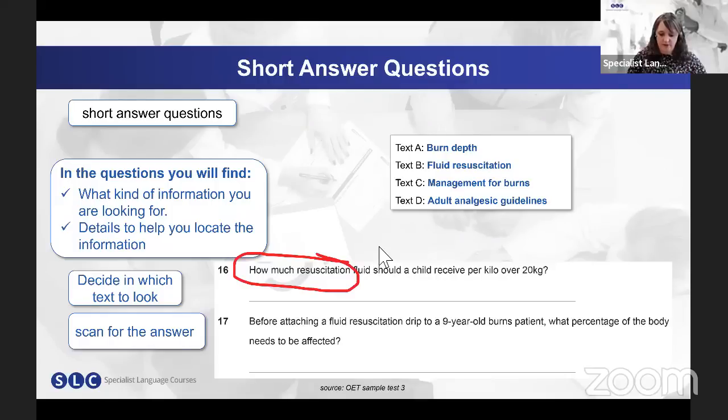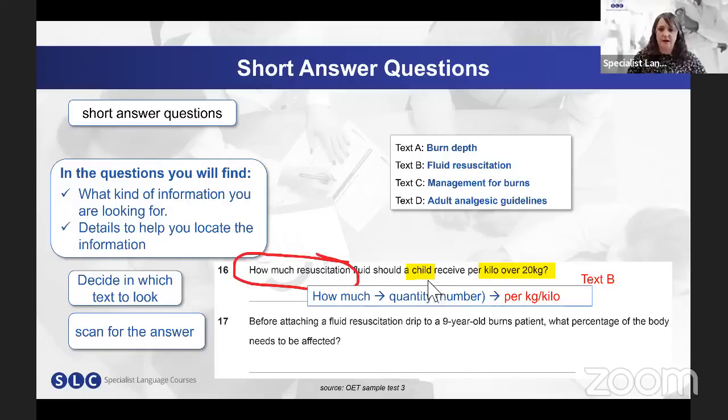So we know that we are looking for some sort of quantity here. And we know resuscitation fluid, we can tell that we're going to be looking in text B, fluid resuscitation. And our keywords to help us when we're scanning are child, and then this statistic here, per kilo over 20 kilograms.